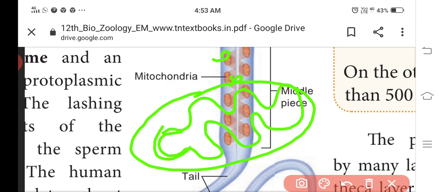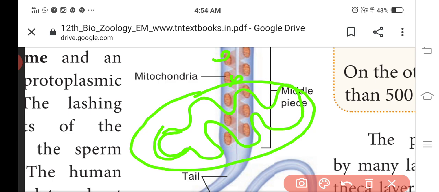The middle piece has mitochondria, which are twisted in nature. Why is the mitochondria present? It gives energy to the sperm at the time of fertilization, for the movement of the sperms.